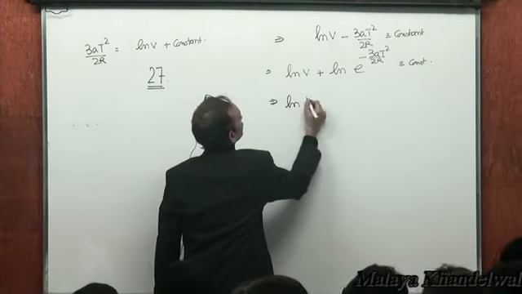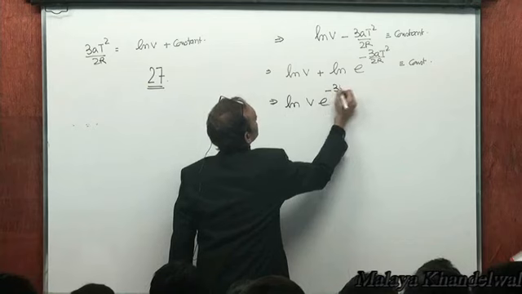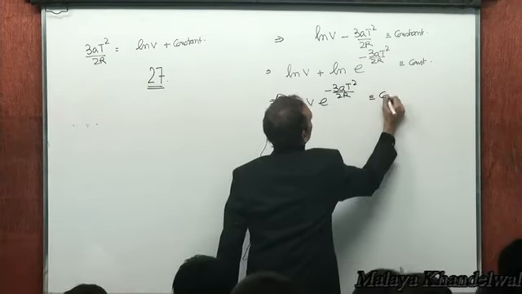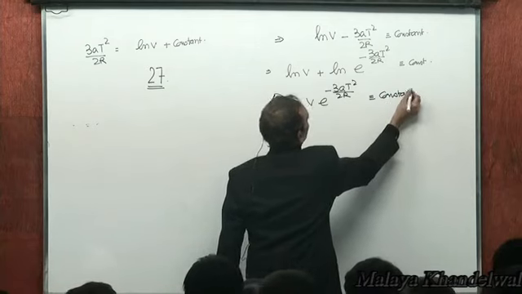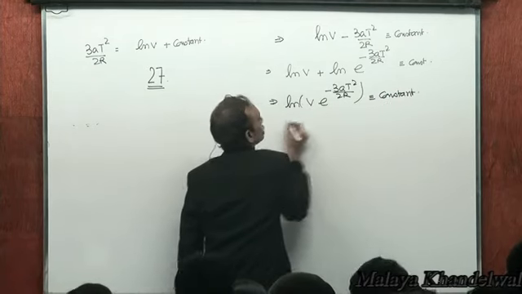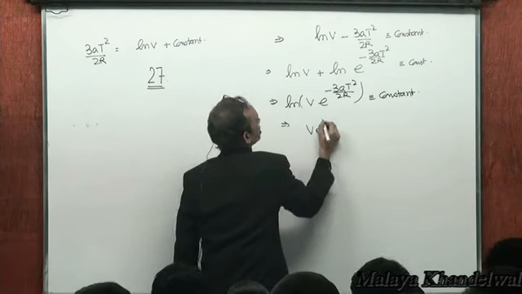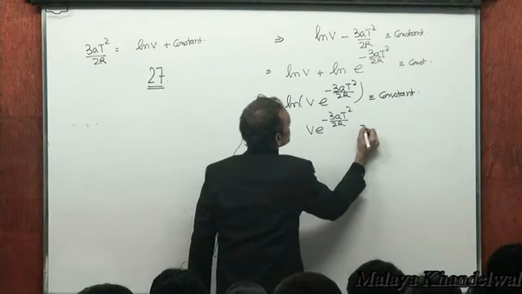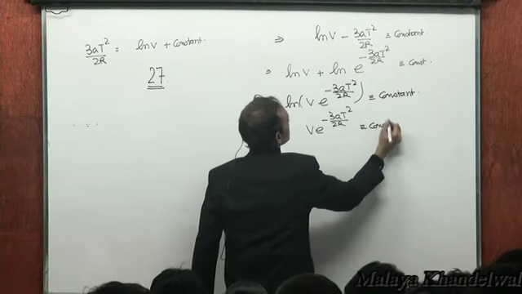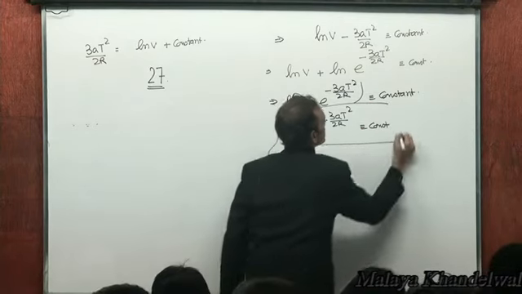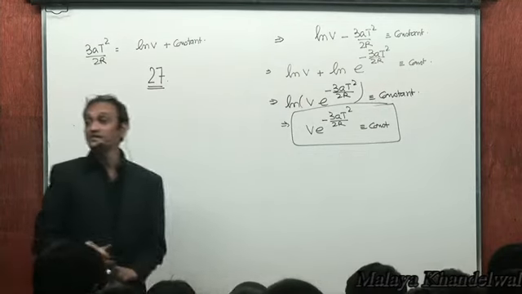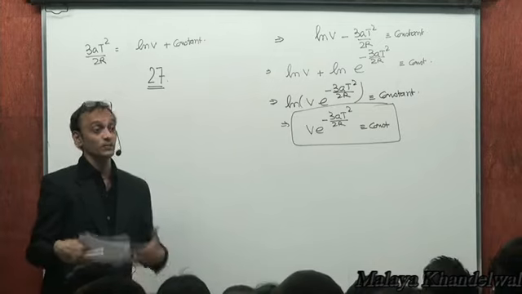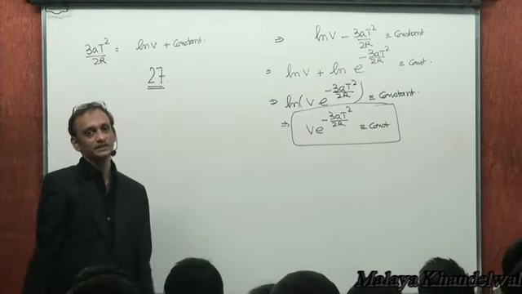Which is log of V e to the power minus 3a T squared by 2R is a constant. And therefore, if the log of this is a constant, this must be a constant: V e to the power minus 3a T squared by 2R. That's the process, the V versus T variation. It's not a polytropic process. It involves an exponential.